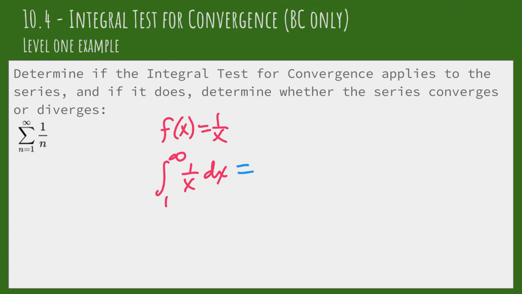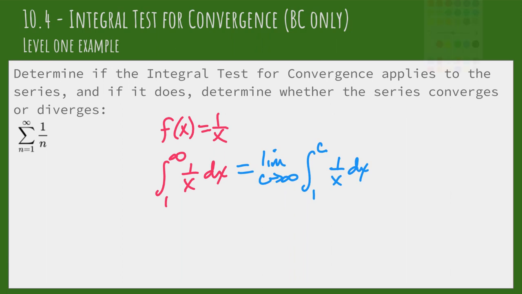So as an improper integral, we're going to use a limit. So I'm going to say the limit as, say, c approaches infinity of the integral from 1 to c of 1 over x dx. So remember, with an improper integral, we have to make this essentially a constant, but then look at what happens as that constant approaches infinity.